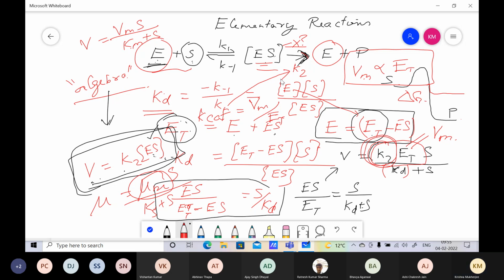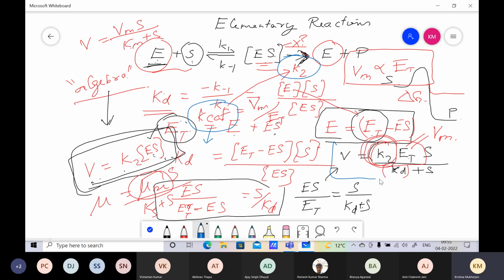Can all of you hear? We can. You can see, right? Yes, sir. So it is this Kcat, I will put different colors to make it more colorful and cluttered, nothing but this K2. So this is the catalytic efficiency of the enzyme, which is Vmax upon ET, because Vmax is a combination of K2 into ET. And Kd is simply Km.